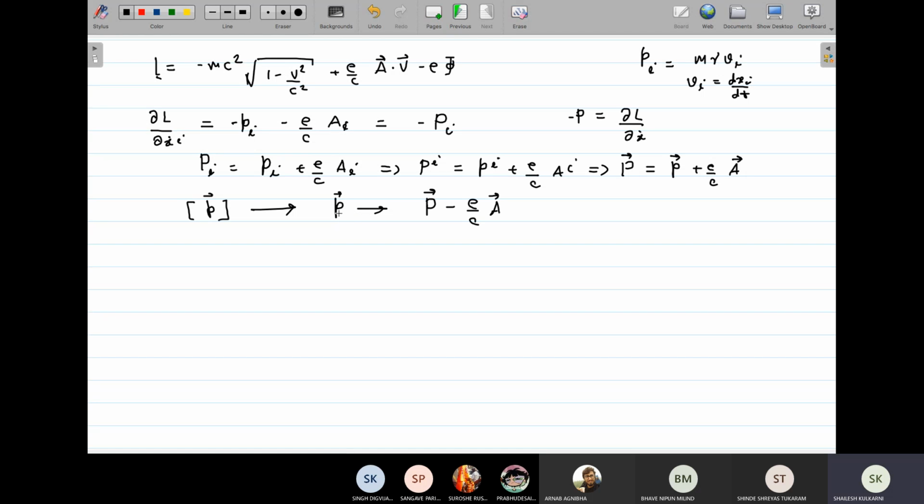Wherever the mechanical momentum appears, which was the canonical momenta for a free particle, I will just replace that by canonical momenta minus e/c A. That's it, and I will recover all the results. I will illustrate more about this. So this is my canonical momentum.